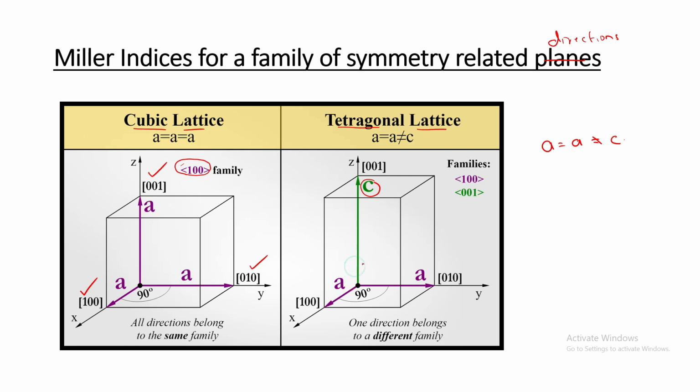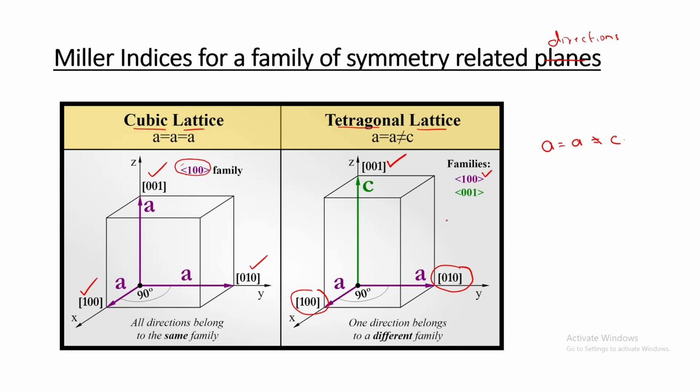Similarly, if you rotate this crystal 90-degree in the y direction, then the crystal will change. You can see that this direction does not come under the family of these two directions. So here 1 0 0, 0 1 0 and 0 0 1 come under different families.